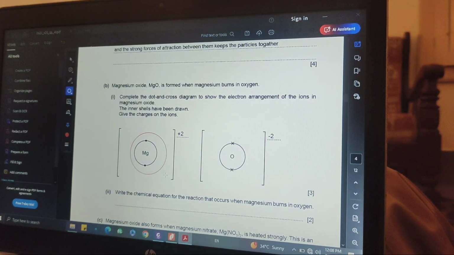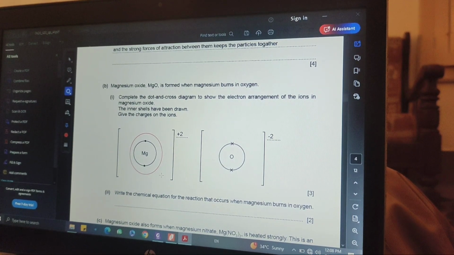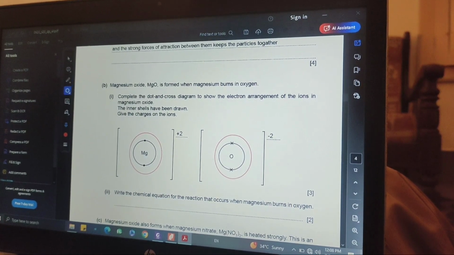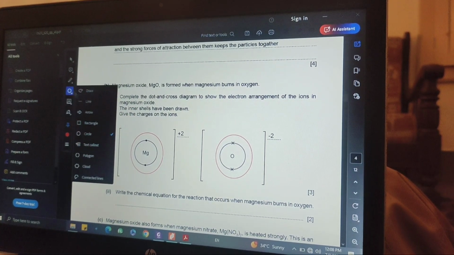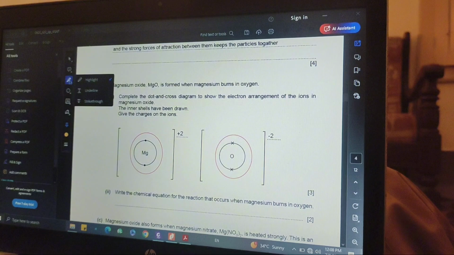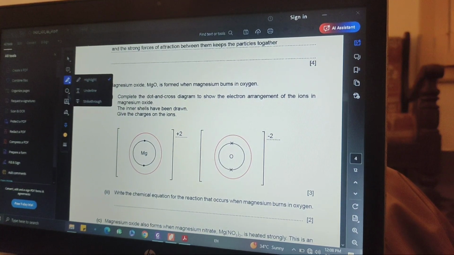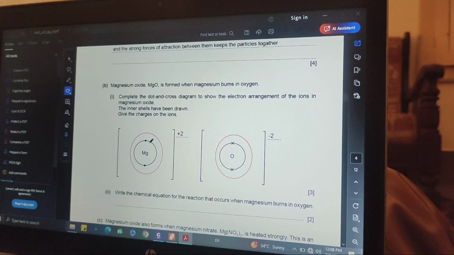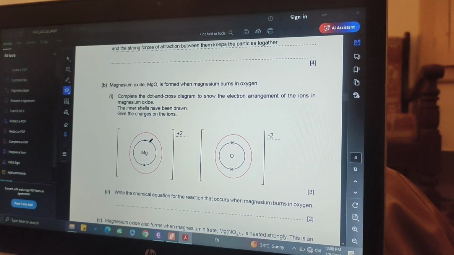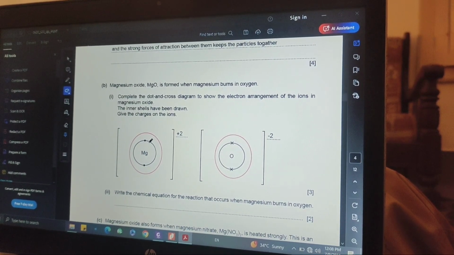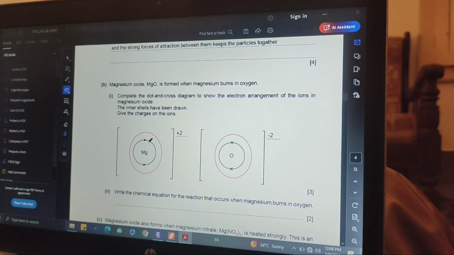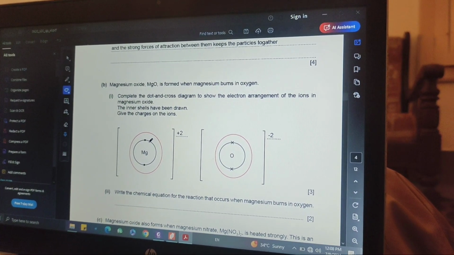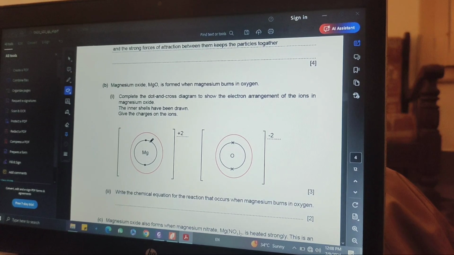There is the shell for magnesium, and then a shell for oxygen. Here we need to take care: magnesium belongs to the third period, so it usually has 3 shells, but in the positive 2 ionic state, the outermost shell is lost, so it will have only 2 shells, and both of them will be complete.